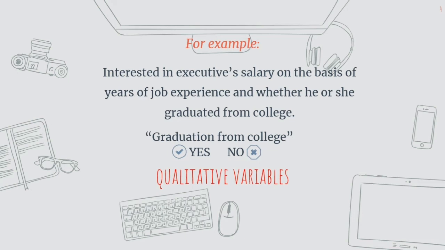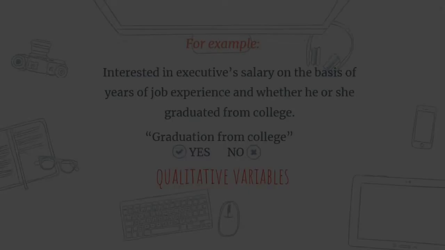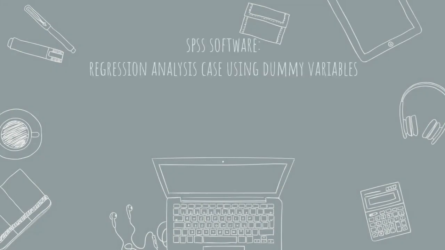But is it possible to use a qualitative variable with more than two possible outcomes? The answer is yes. But the coding scheme becomes more complex and will require a series of dummy variables. To explain that, let's see the following case and then analyze it using the SPSS software.